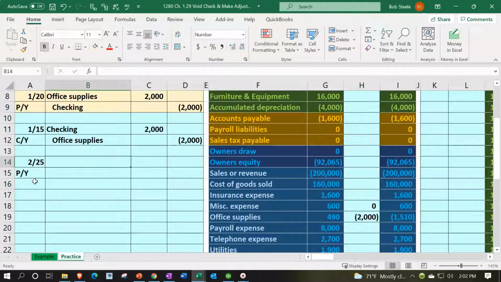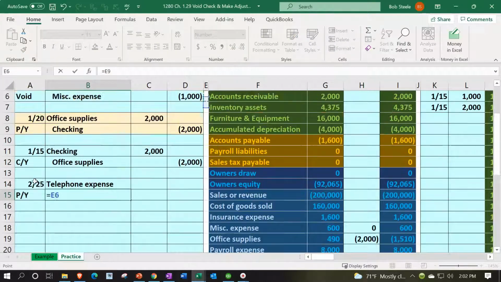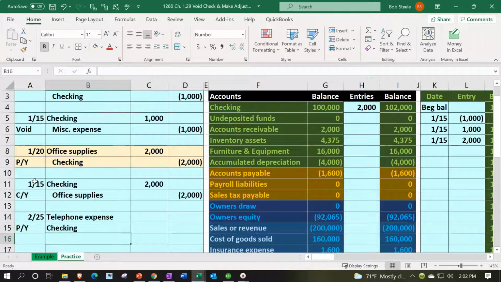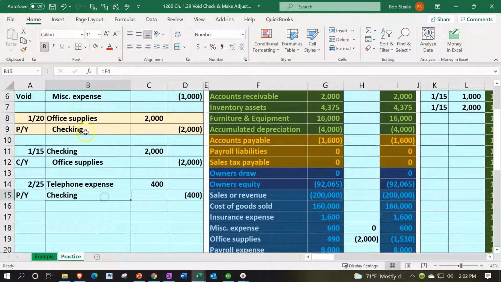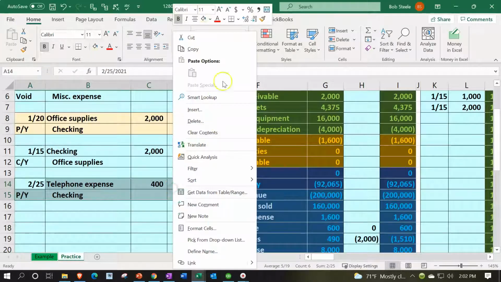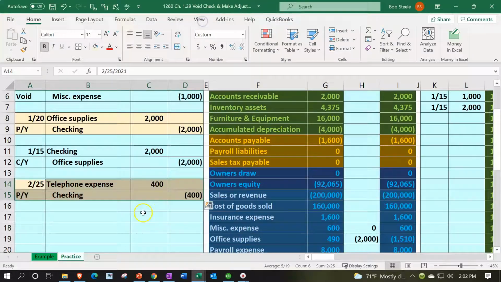Prior year check, and let's say this one was for the telephone company, and the other side is the checking account. Now I'm not going to record this again because this is something that we're going to say happened in the prior year. We're going to say it's for $400. So there we have it. So there's our transaction. I'm going to make it this color. I'm going to indent it and make it that funny color again to indicate that that's a prior year transaction that we're trying to void now.